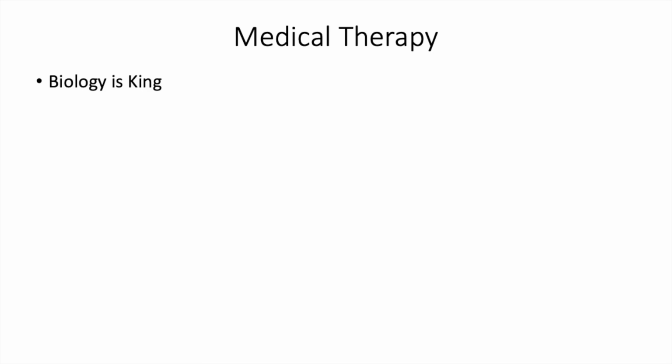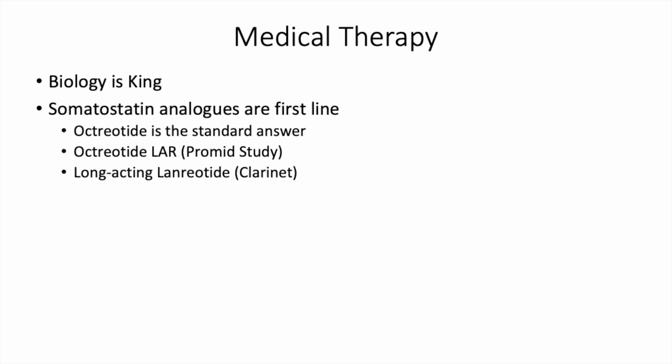And then finally, medical management for neuroendocrine tumors that can't be resected. I don't want to go too crazy here. Again, I'm going to say biology is king. Somatostatin analogs are the mainstay of this, so you can give octreotide, which sort of gives an off signal to the somatostatin receptor and keeps these tumors from proliferating.